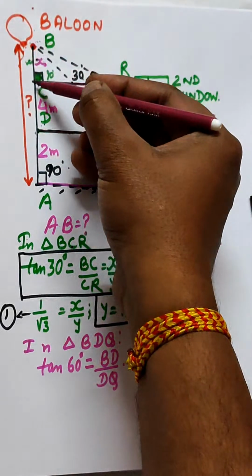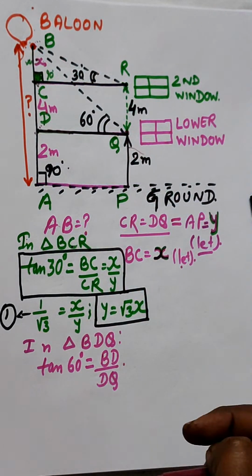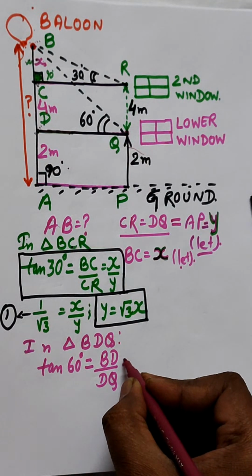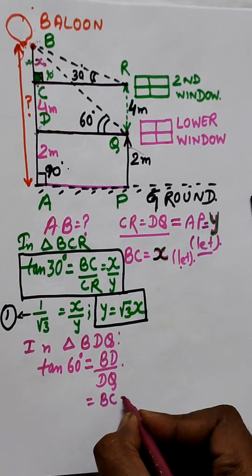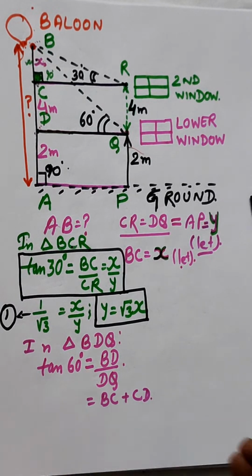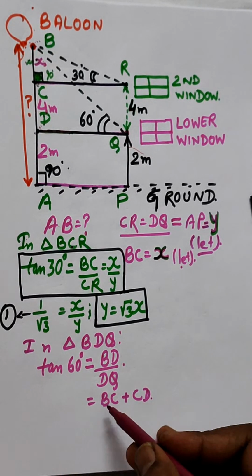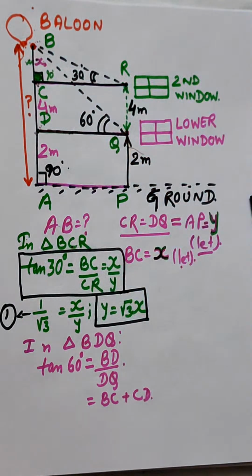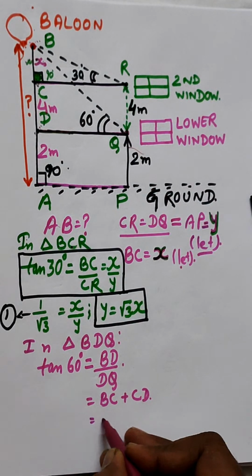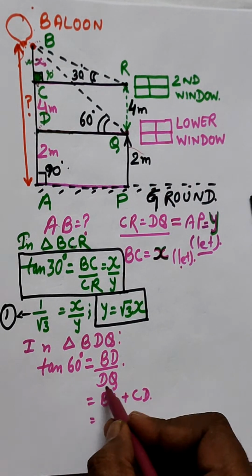BD is BC plus CD, isn't it? And what is the value of BC? B to C is our x. So this is divided by DQ.